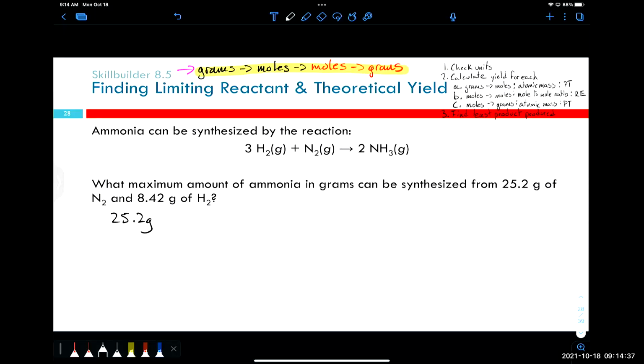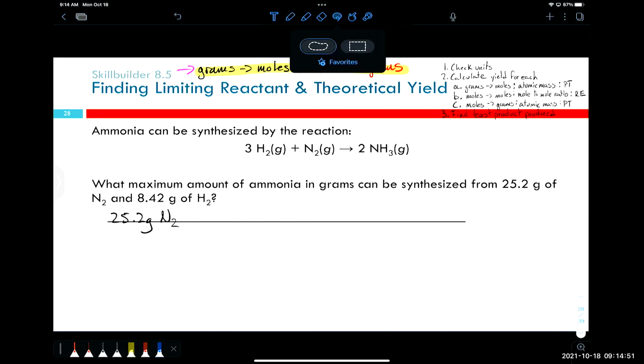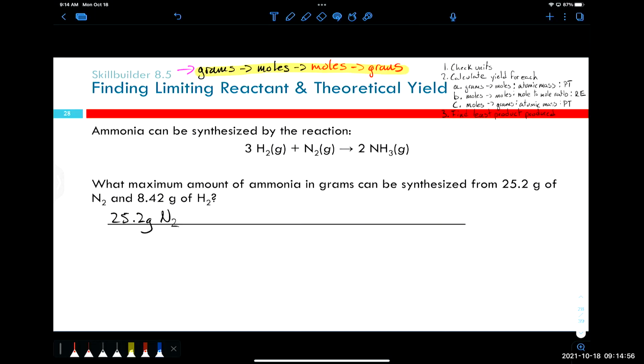And again, picking nitrogen because it's first in line. These don't have to be done in a particular order. Okay, so then we want to go from grams to moles.